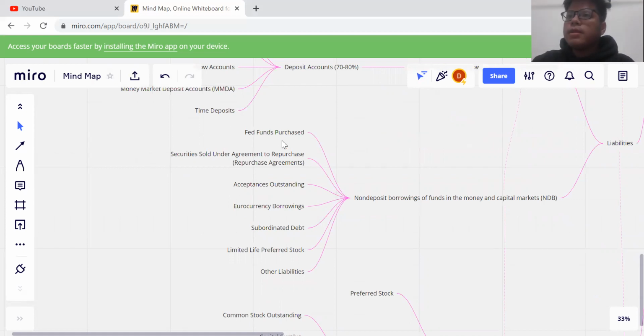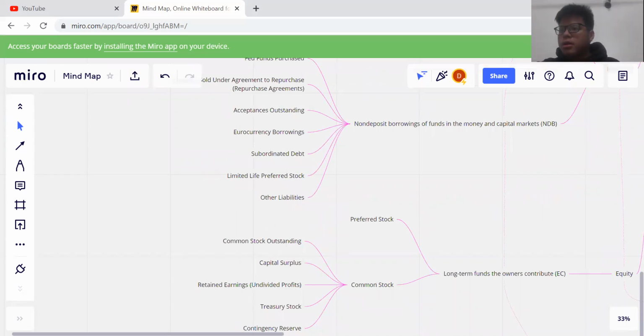We have the Fed funds purchased and securities sold under agreement to repurchase, we call it repurchase agreement. Acceptances outstanding, Eurocurrency borrowings, subordinated debt, limited life preferred stock, and other liabilities.